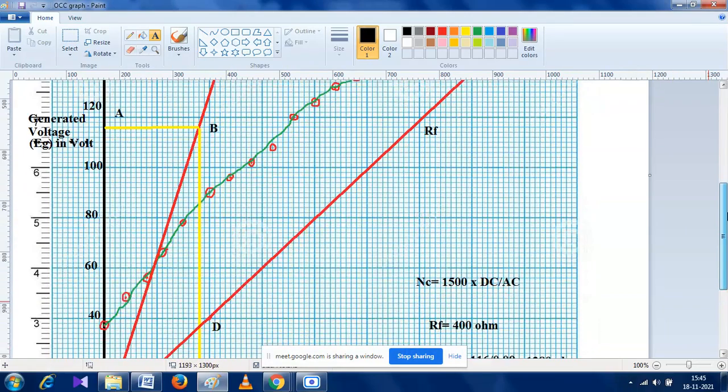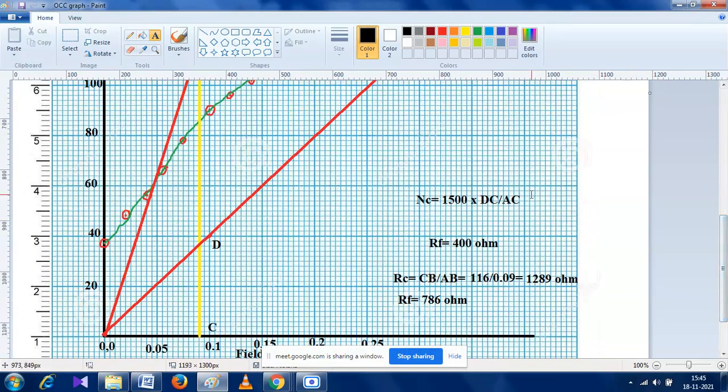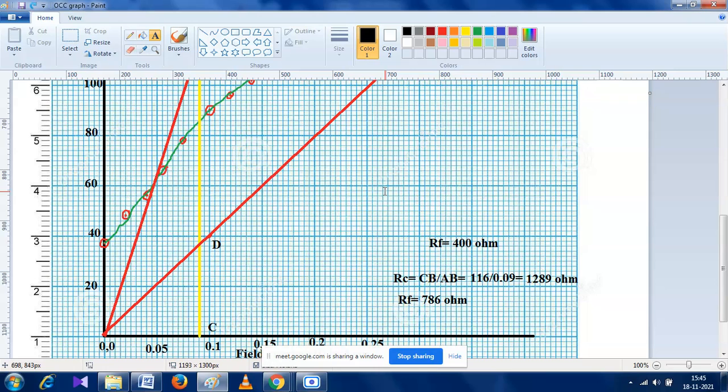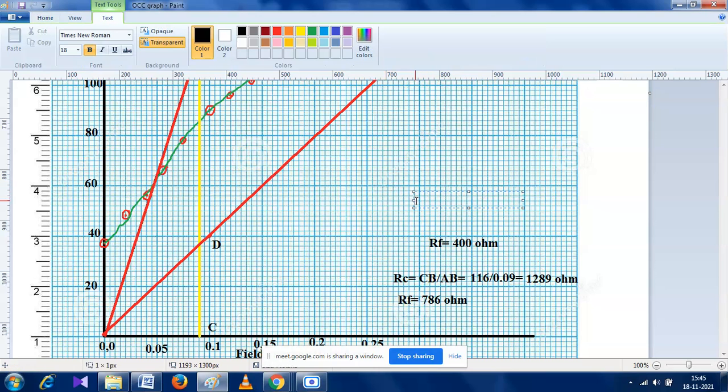Sorry, AC means CB. NC is equal to the rated value. The rated speed is 1500, and the value of DC is near about 36.